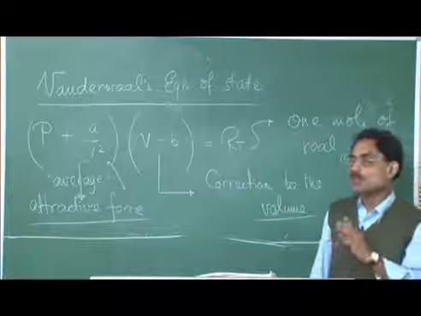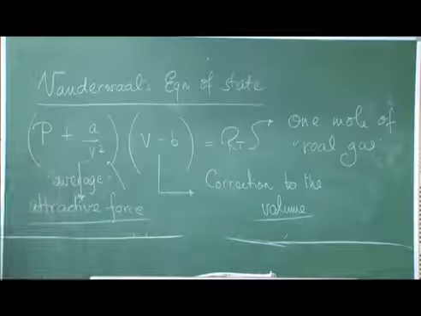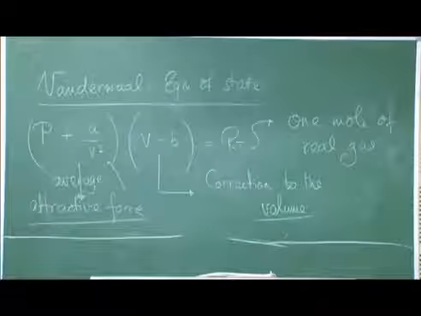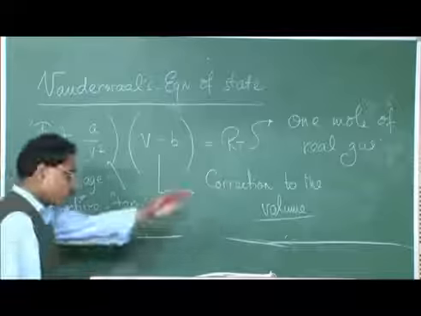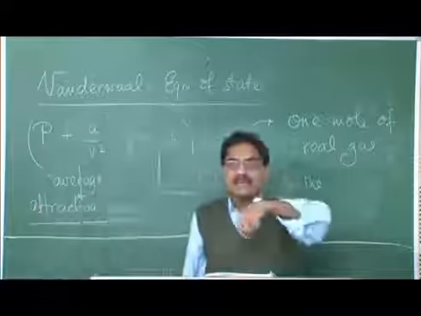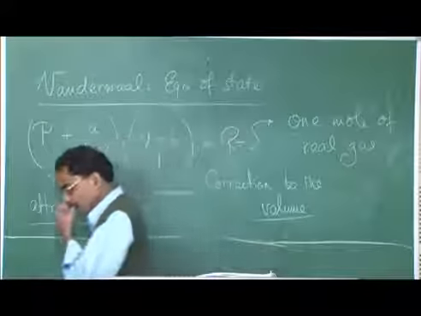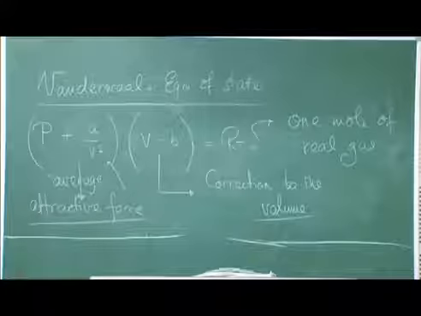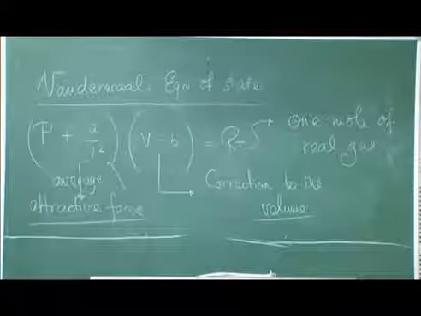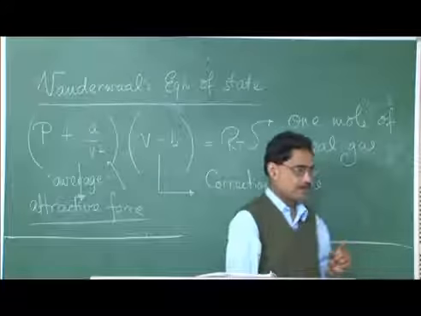So, we can assume that whenever any molecule I target is moving within the container, let us assume this room as a container, this weak force can be neglected, as the ideal gas approximation does.